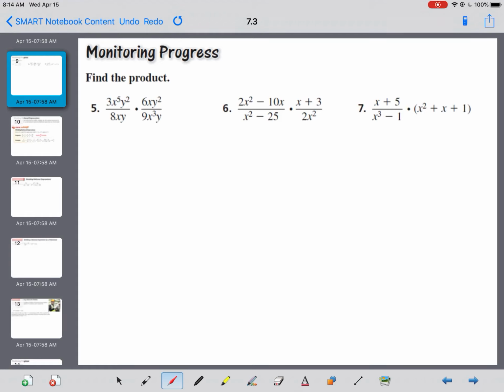Here's some to try. Give them a try, pause it, come back when you're finished. All right, here we go. I know 3 goes into 3 once and it goes into 9 3 times. I know 2 goes into 6 3 times and it goes into 8 4 times. I know x goes into x.